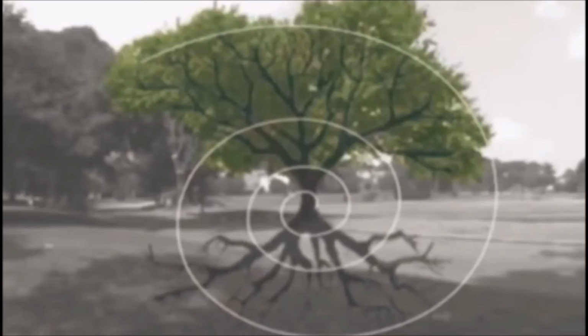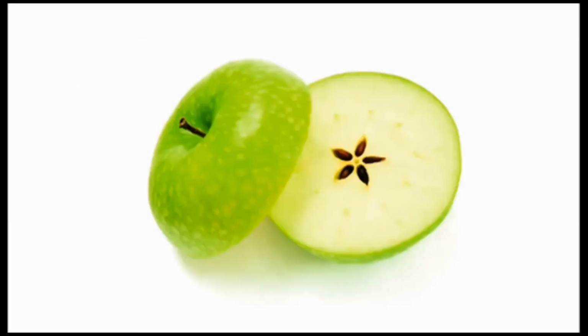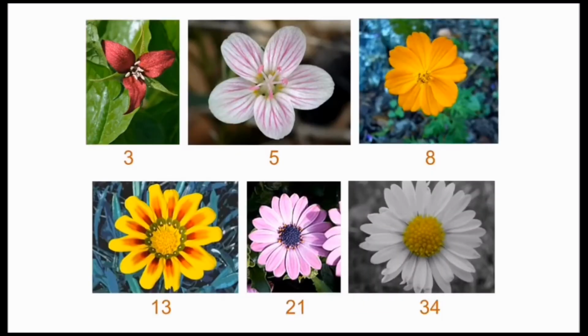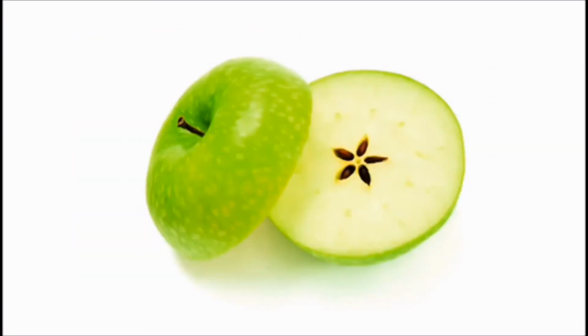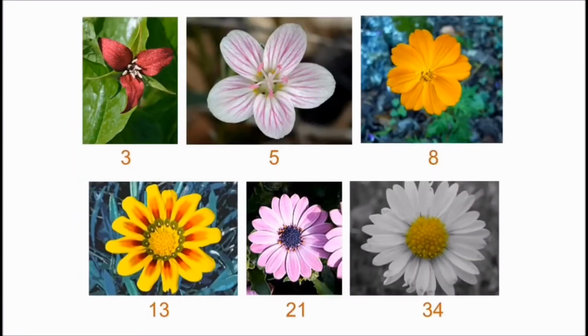And remarkably, when you study nature, you see the Fibonacci numbers like 3, 5, 8, 13 again and again in the seeds, petals, and spirals of plants, as well as in the number of petals.